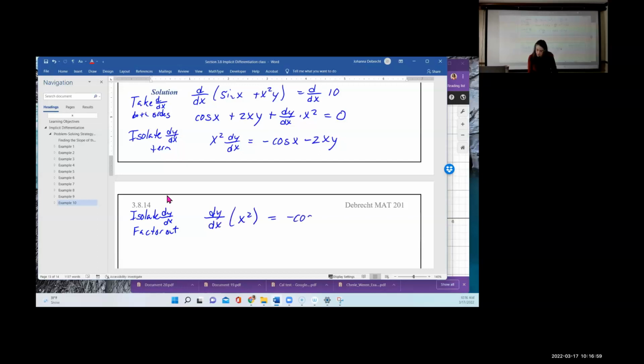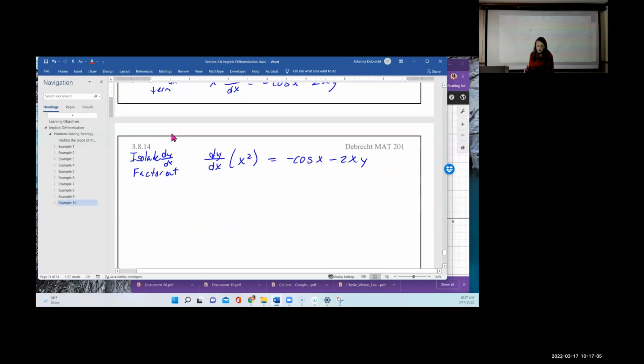And then the next step will be to divide both sides by the coefficient of my dy dx, which is x squared. So this gives me dy dx equal to negative cosine x minus 2xy, all divided by x squared.